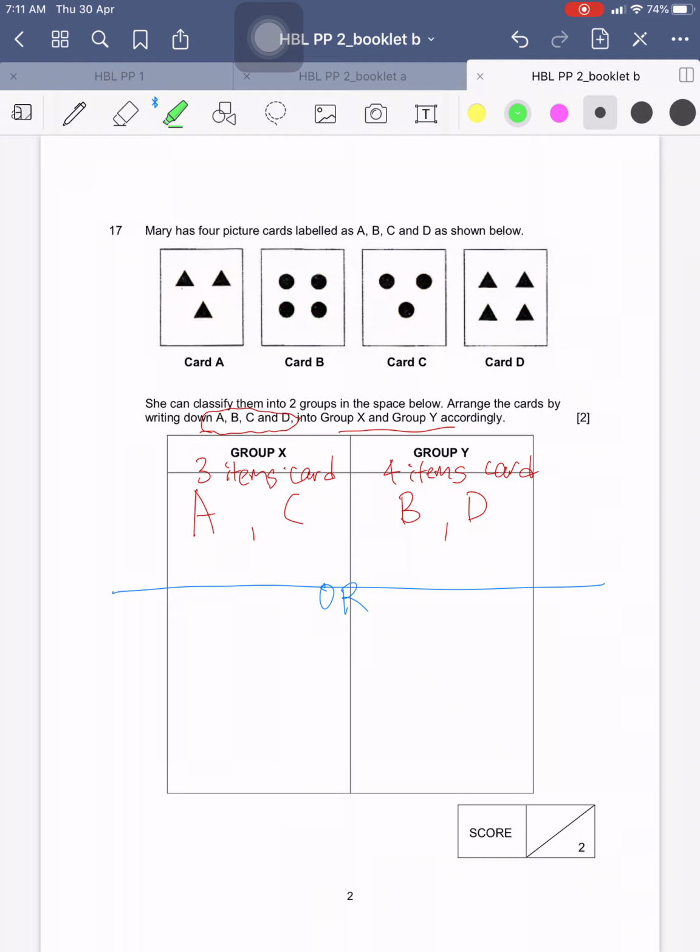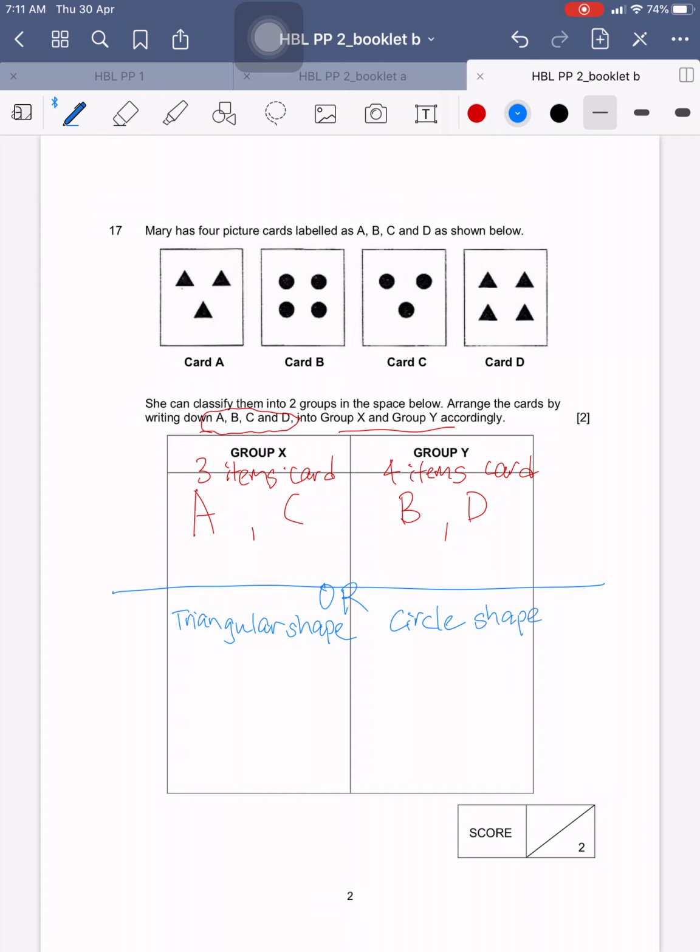Now, we can further classify them according to the shapes that you can find in each card. So, we have triangular shape. And for the other side, you have the circular shape. Or you can just put circle shape.